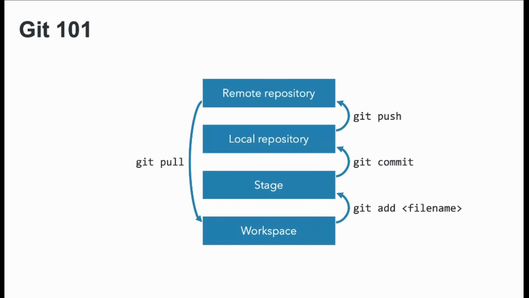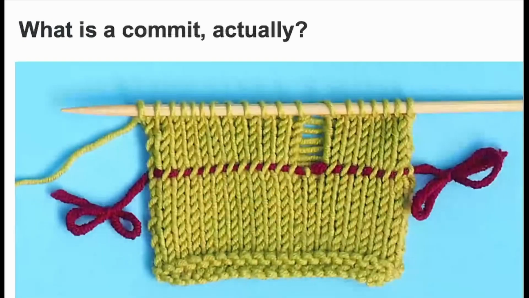And actually, I was thinking for a long time what a commit actually is. And I found a real world example in the most odd of all places, and that is knitting. In knitting, when you drop a stitch, everything will ladder down and unravel.